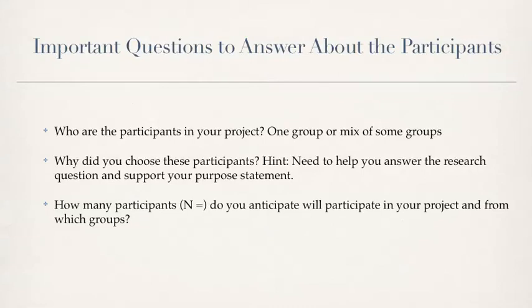And then, how many participants do you anticipate will be part of your project and from which groups? So maybe you'll have 10 admissions directors from small colleges in Connecticut, or maybe your capstone project will include 5 faculty members and 5 administrators. Depending on what your topic is and what you're trying to answer in your capstone project.